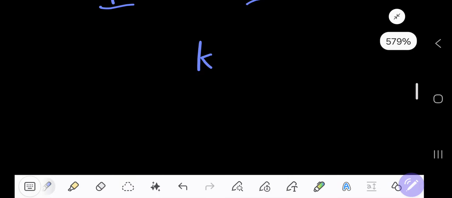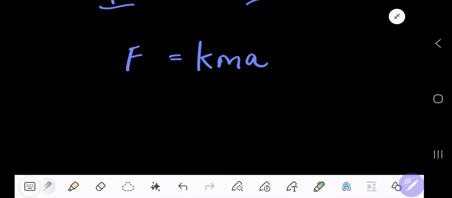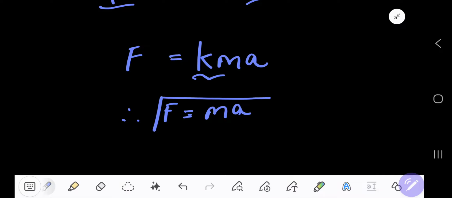So in the same way over here we add k, which equals 1, as a constant. To remove the proportion sign, make it equal, therefore f equals kma. Since k is just 1, we can rewrite this as f equals ma, and that's how we derive it. That's the entire history behind this derivation.